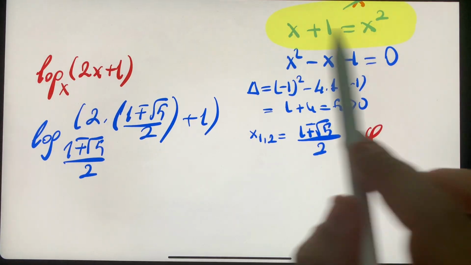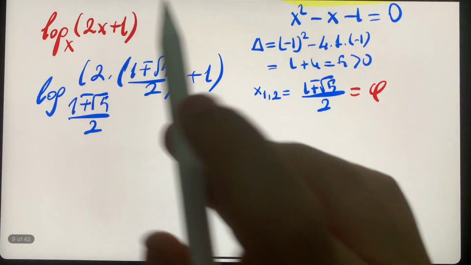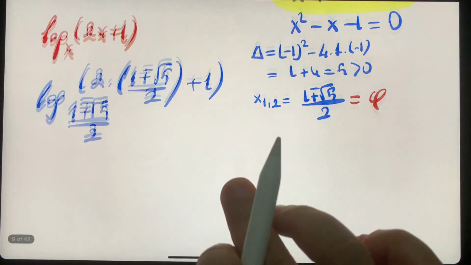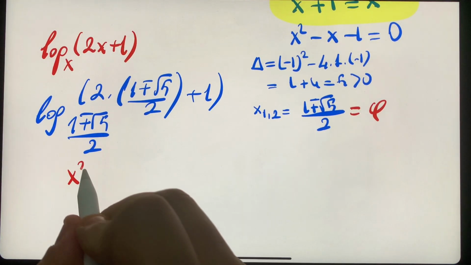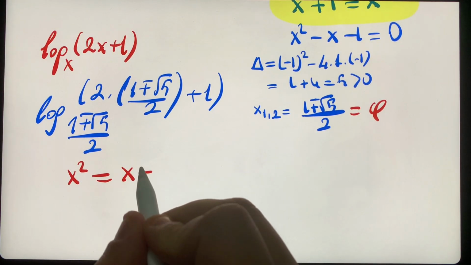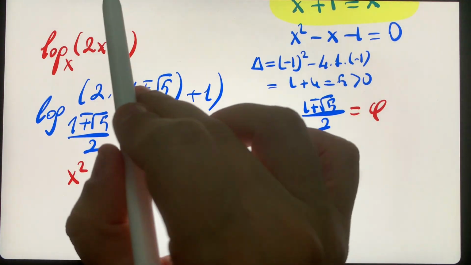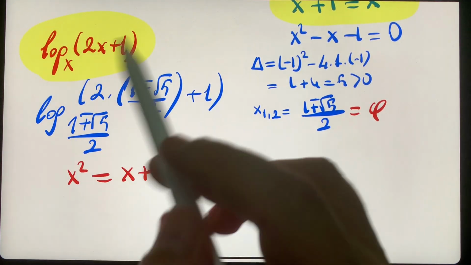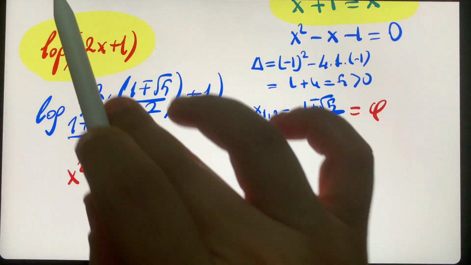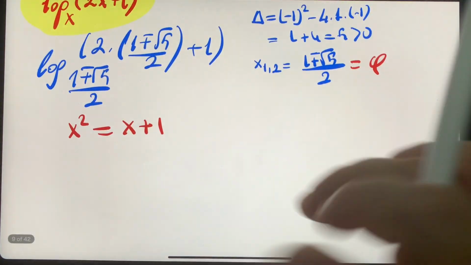Then I need to reconsider the equation here. So what do I mean? I got this: x squared equals x plus 1. Look at what I can do about the logarithm part. How would it be if I changed it a little?